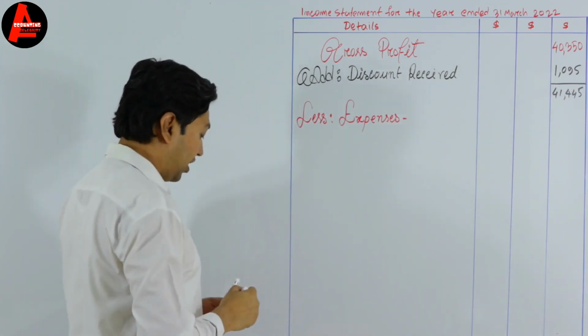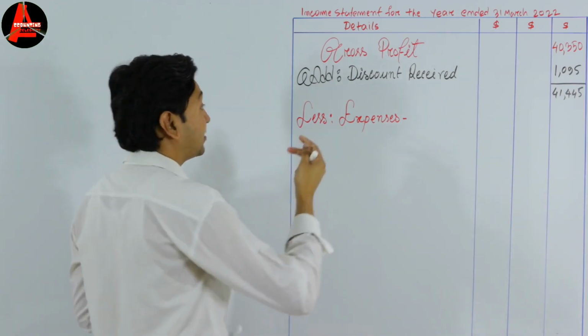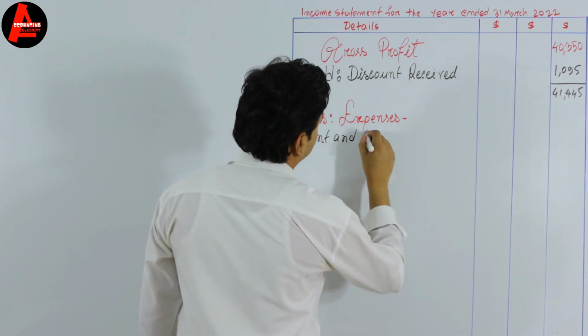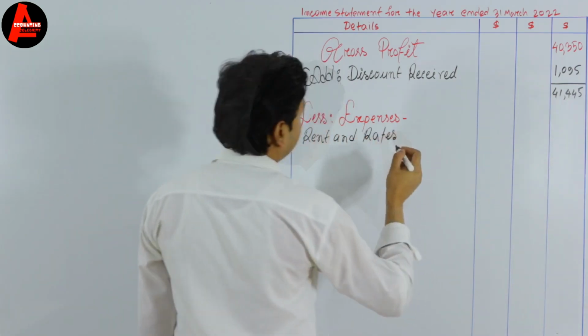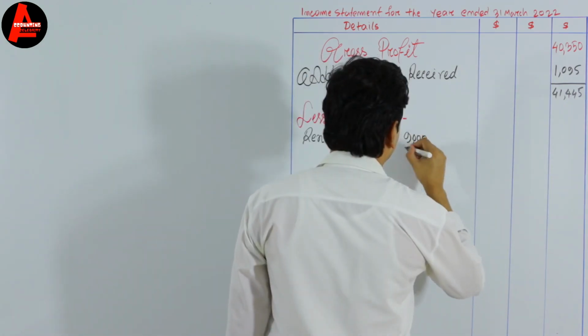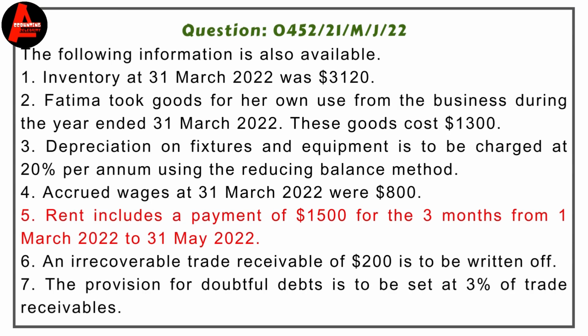Okay, so what are our expenses? Our first expense in the question is rent and rates. It is on the question $9,000. Okay, so we have an adjustment with this amount. Let us have a look at this. Look at number 5.